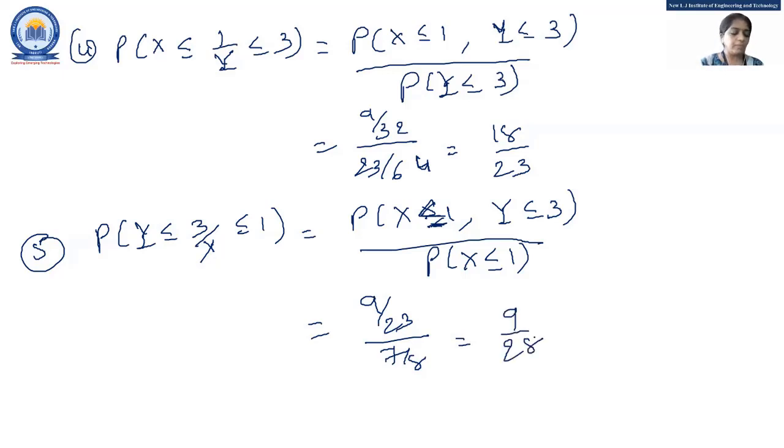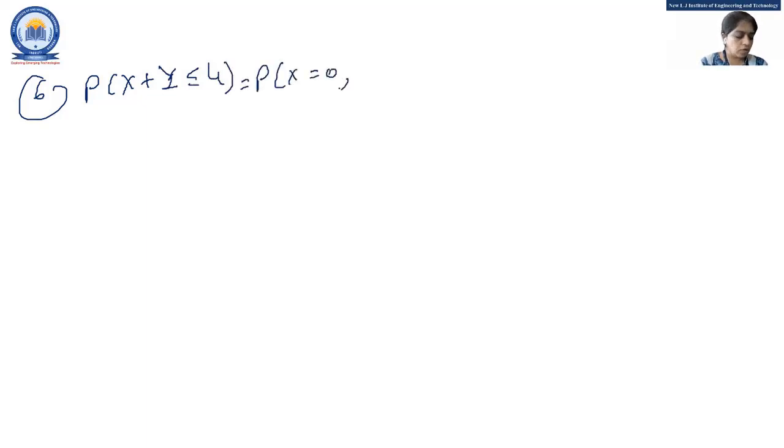Okay, got it, everyone? And the last one, sixth one, that is probability of x plus y, which is less than or equal to 4. What does it mean? X equal to 0, y equal to 1.